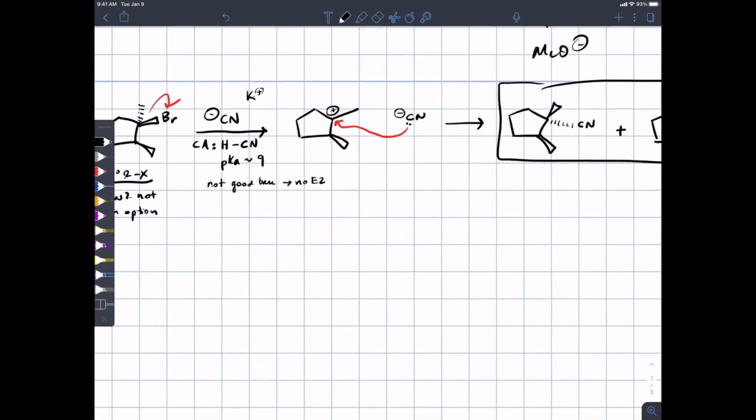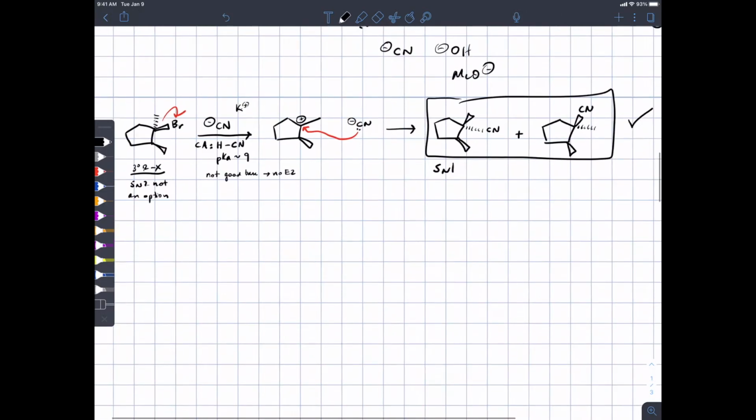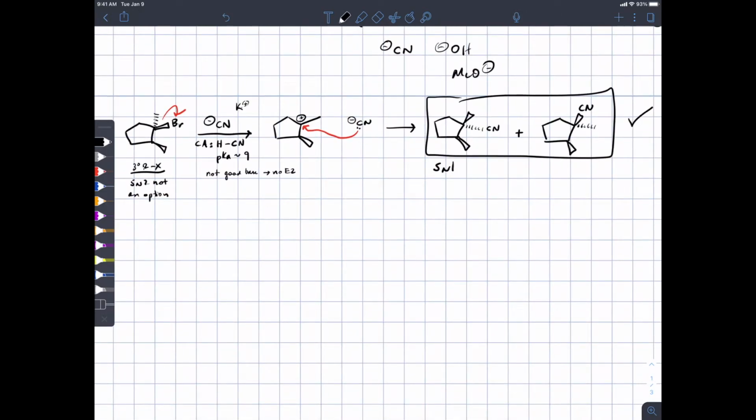Now, I'm still missing some stuff. What am I missing? The E1s, right? Remember that with SN1 and E1, we can't be selective once we get to the carbocation. So it might be useful now to look at the carbocation again and think about the possible reactions.